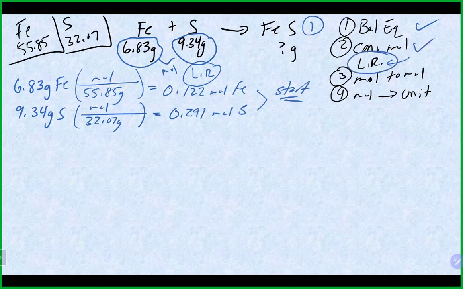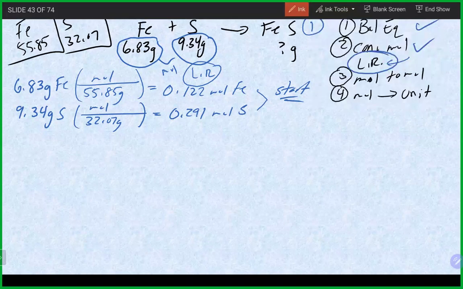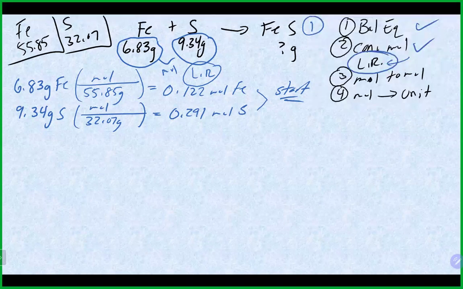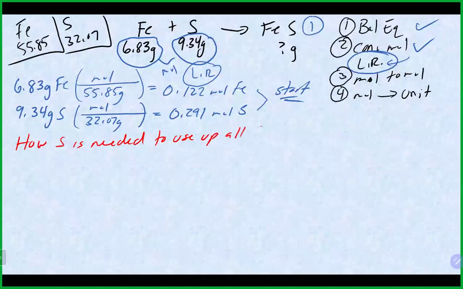Once again, all you have to do is pick one of the reactants and figure out how much of the other one you need to use it up. So here I will go with how much sulfur is needed to use up all the iron.